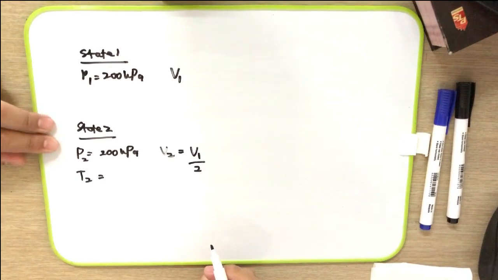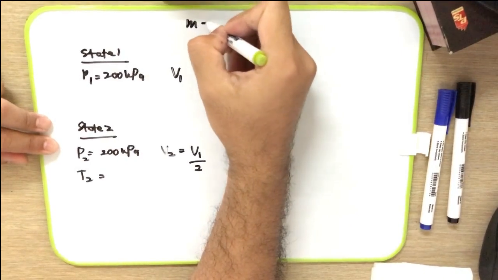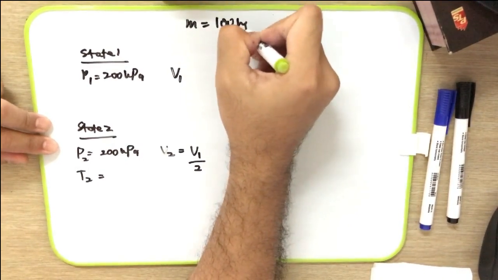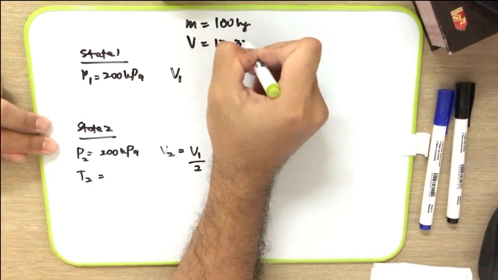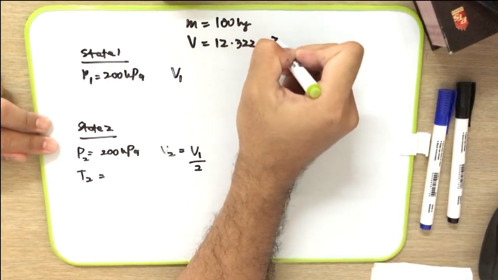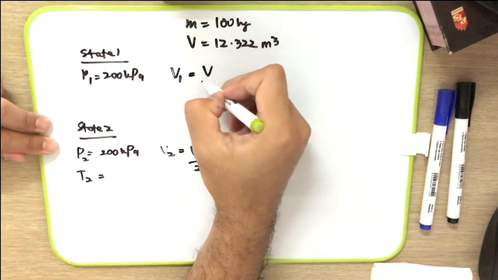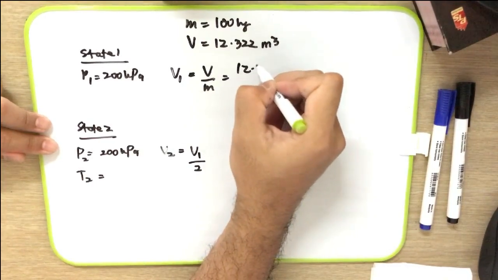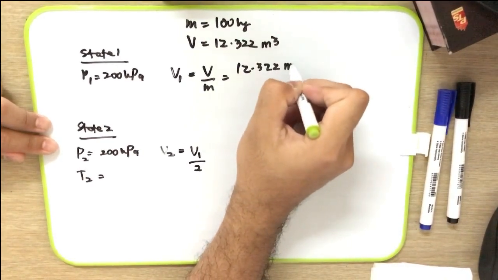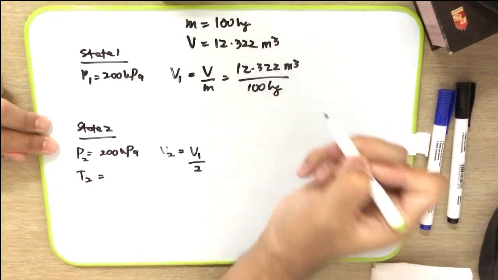So how to find the V1? We look at the question. You are given M is 100 kg and volume is 12.322 meter cube. So V1 we can get from V over M, which is 12.322 meter cube over 100 kg.